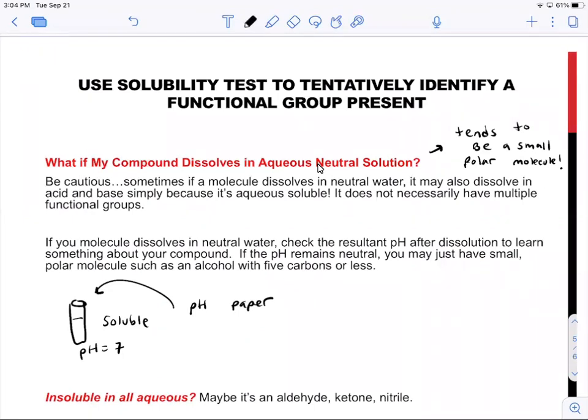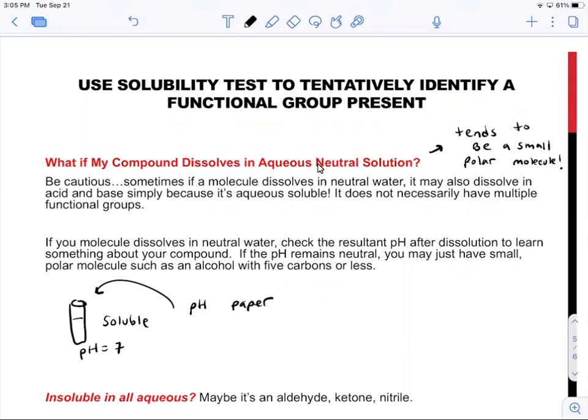If you think you have a small molecule that has an amine on it, you should see your pH indicator indicate that something basic has dissolved in solution, leaving a more basic change in the pH. So this can be very helpful in learning more about the very small polar molecules where we're not going to be able to distinguish the solubility in strong acid versus strong base because it's just going to dissolve in anything that has water.